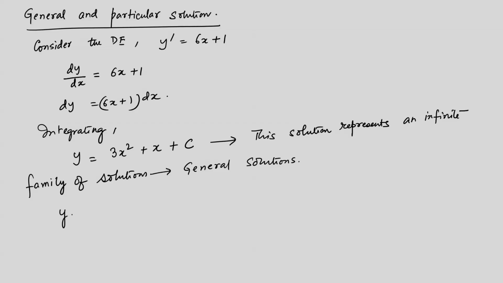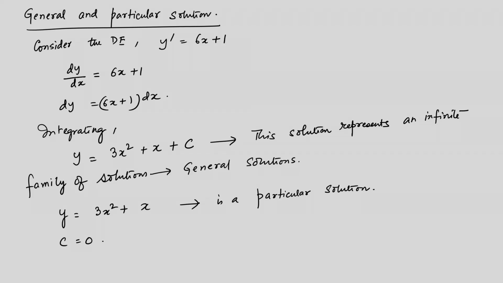So y equal to 3 x square plus x is a particular solution. This represents a solution for c equal to 0. We can of course take 3 x square plus x plus 1 as another particular solution, which is for c equal to 1, and so on.